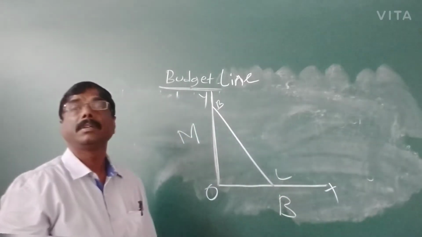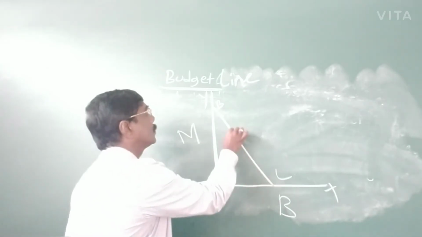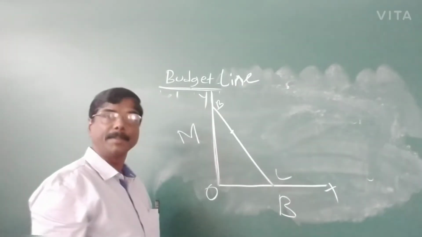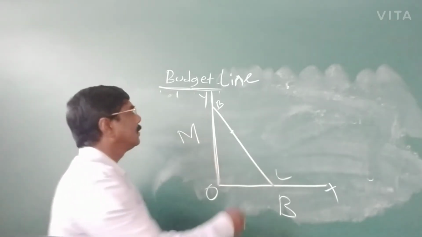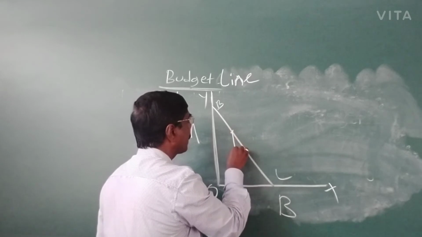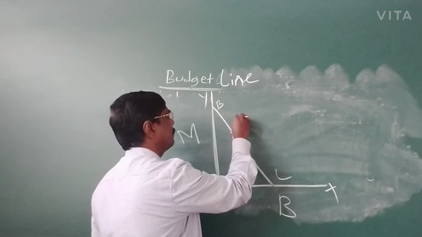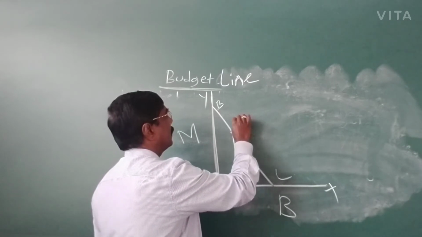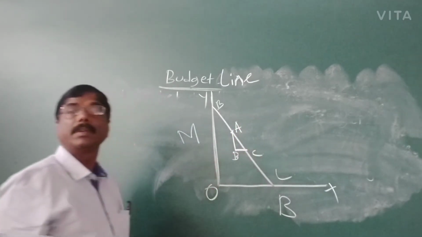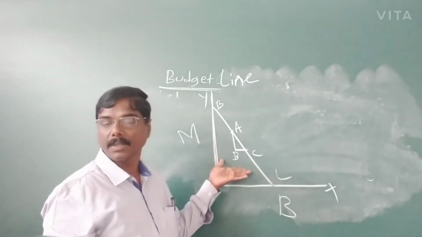BL is the budget line, and these points are A, B, C. The slope of the budget line may be explained with this.